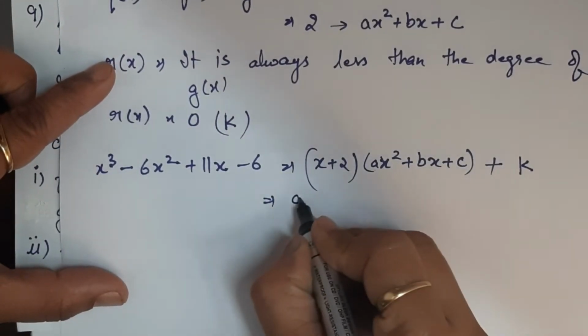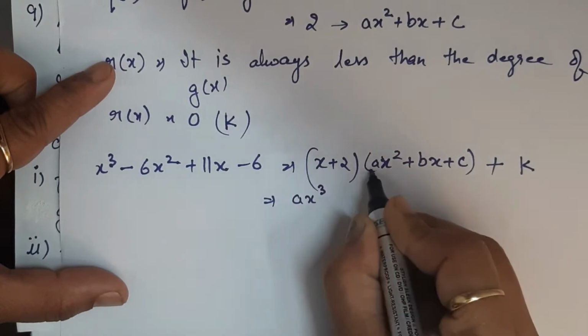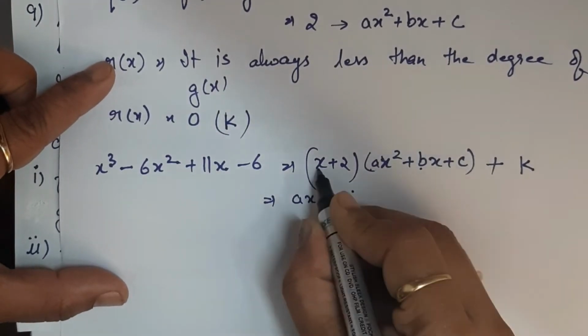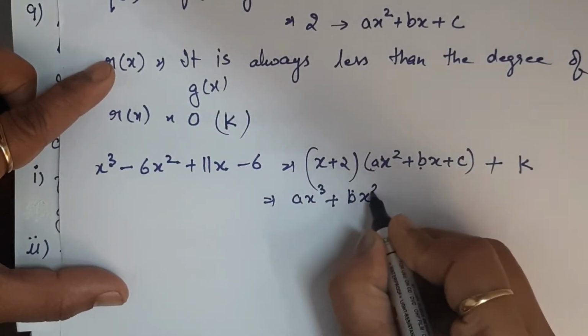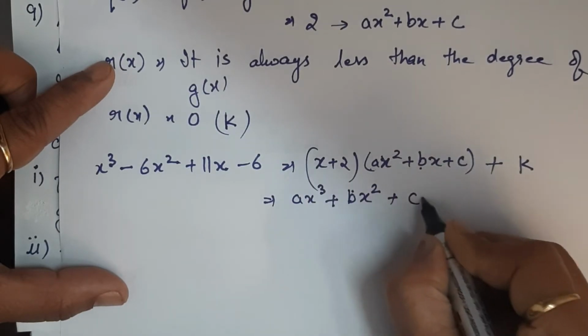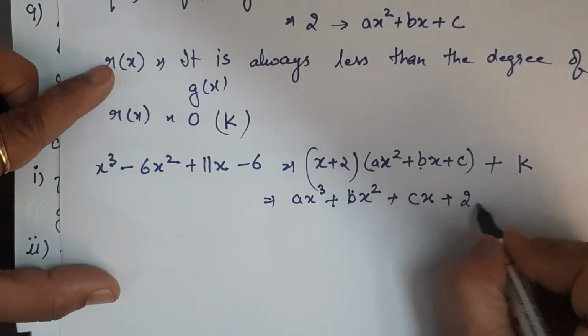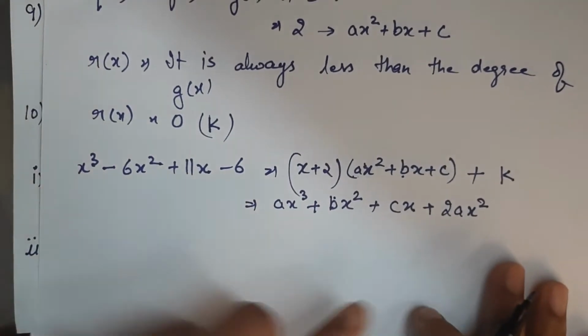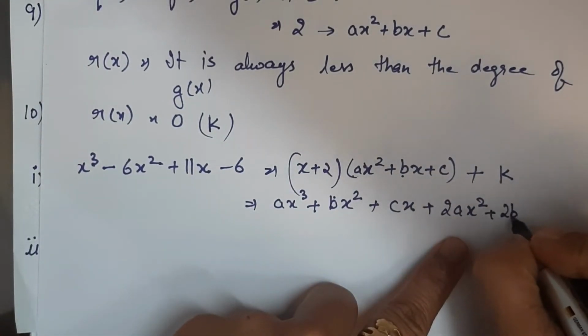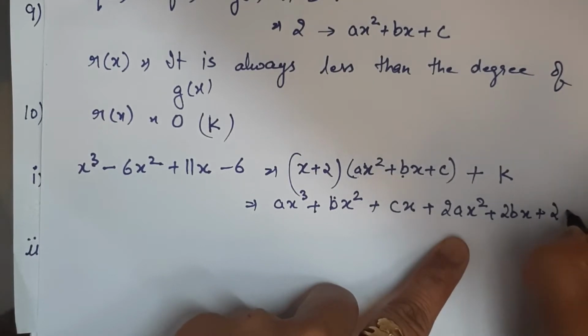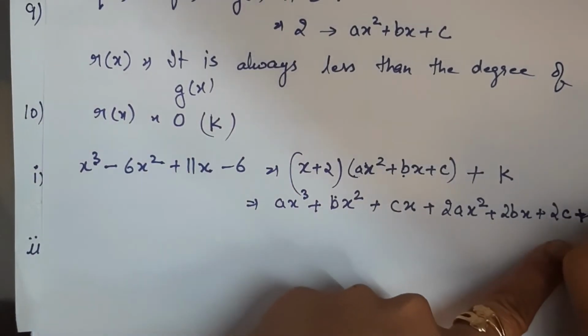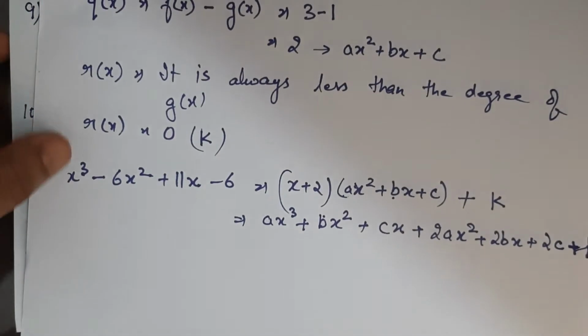It comes out to be ax³ + bx² + cx. Now with 2, it comes out to be plus 2ax² + 2bx + 2c, plus the constant term, which is k.